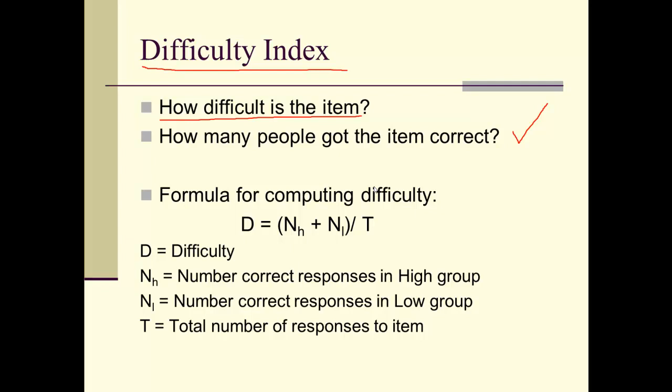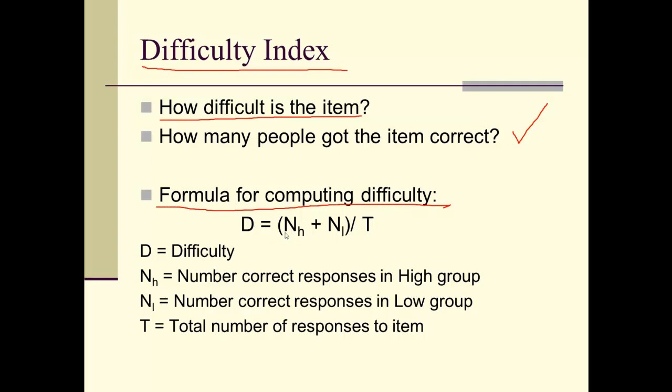Sure they can. They just missed other questions. And so we are just comparing how many people in both groups got the right answer for each item. They have a formula here, a mathematical formula.